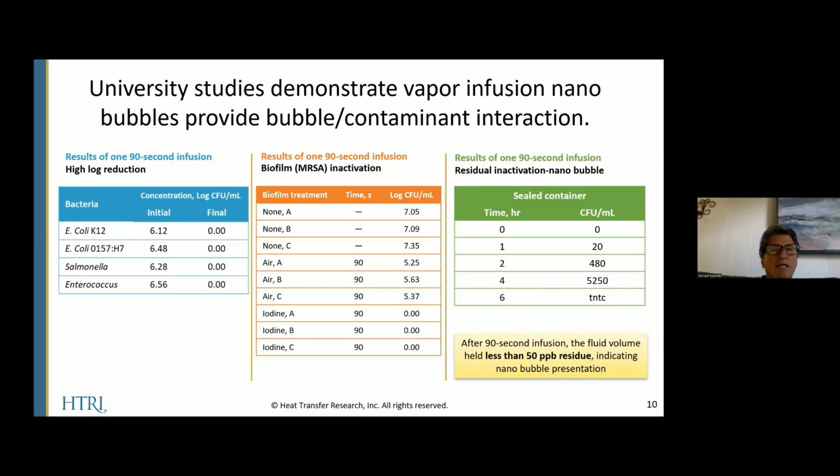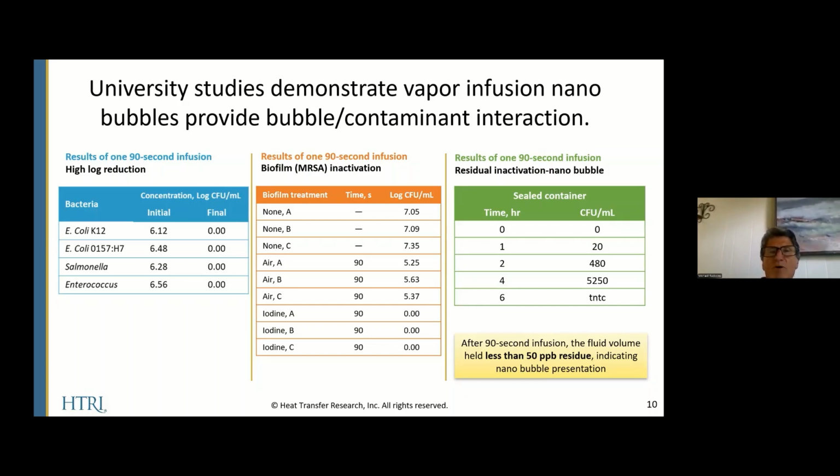Now, the interesting thing is that in commercial application, we will see a disruption and a reduction in biofilms merely by the presentation of these bubbles over a period of time. And I'll show you momentarily just how profound that biofilm destruction is.